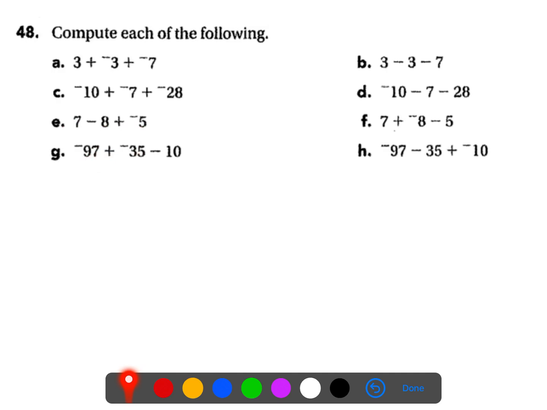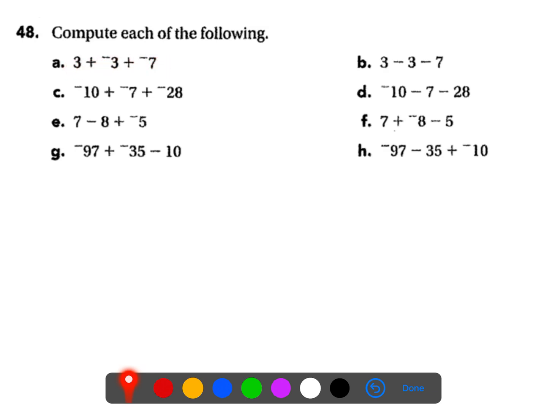We're dealing with addition and subtraction, and that's one of the last steps in order of operations. And if you remember, addition and subtraction have to be done in order from left to right. So it is not true that we would do all the addition first and then the subtraction, or vice versa. Just like we would read it as a sentence, we work from the left to the right.